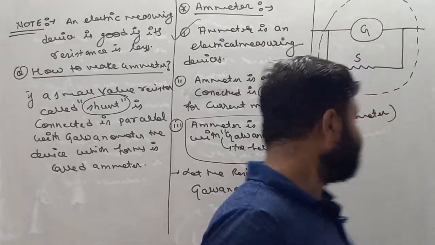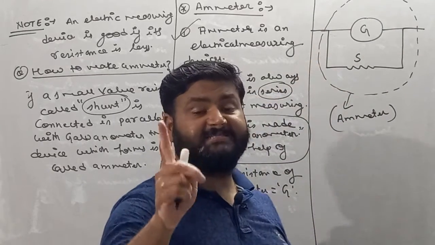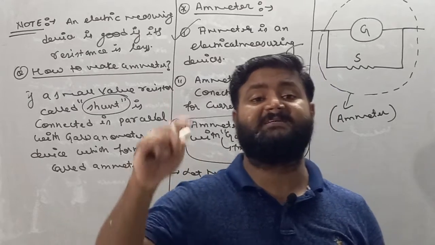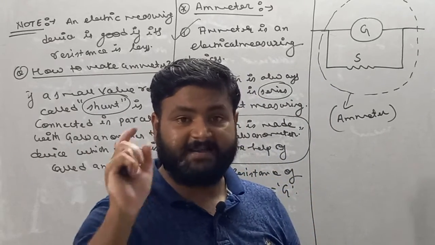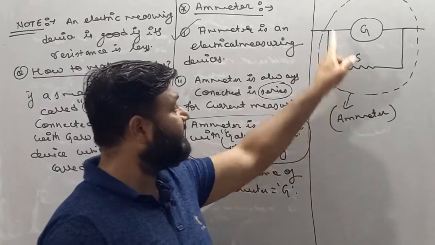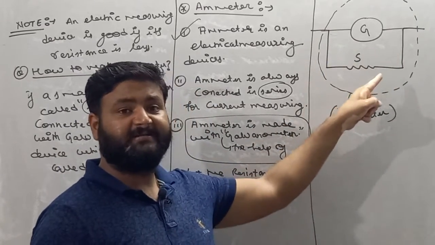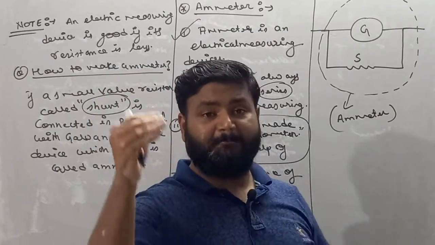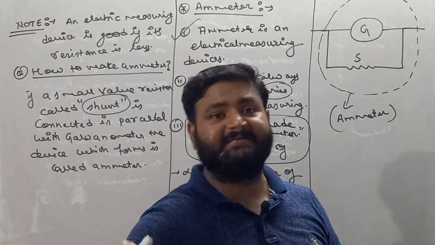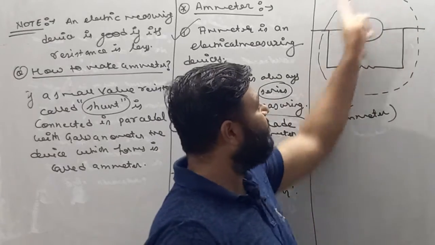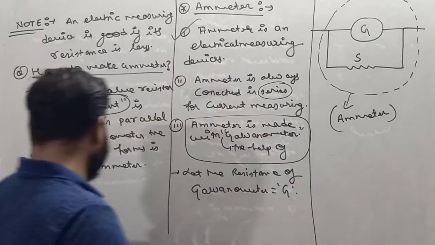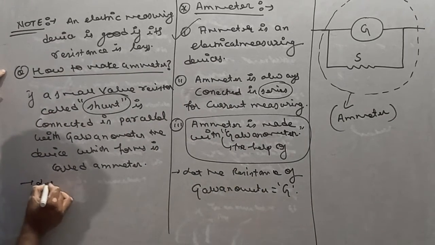Actually, a galvanometer is not a current measuring device, because its resistance is very high. Now I'll connect a small value resistor called a shunt in parallel with the galvanometer. If you connect a parallel combination, the net resistance of the circuit decreases.